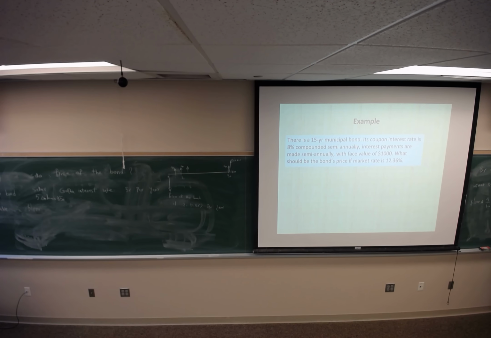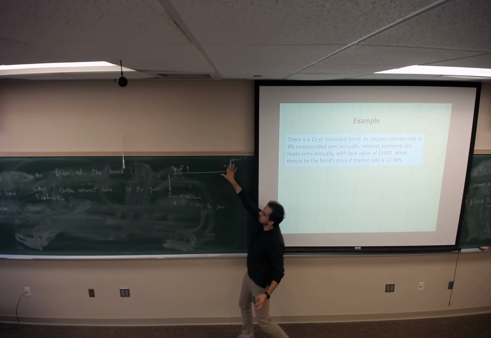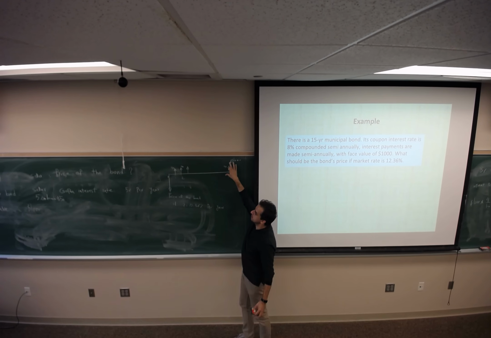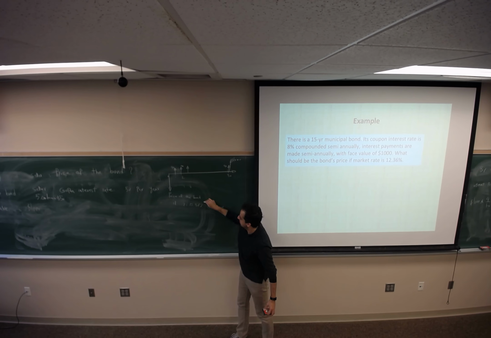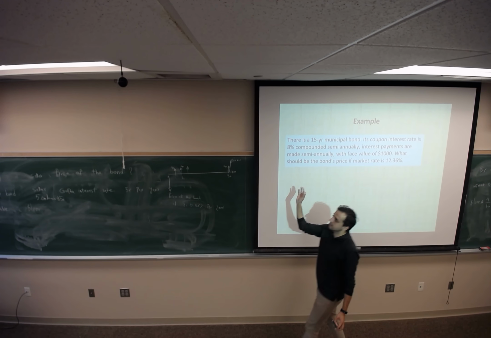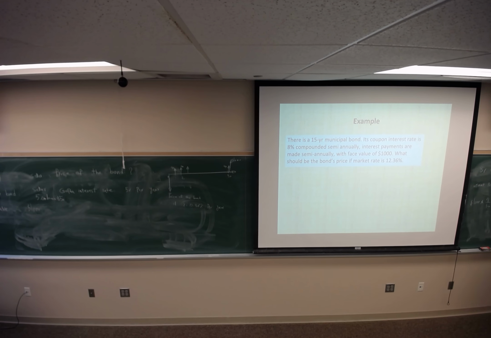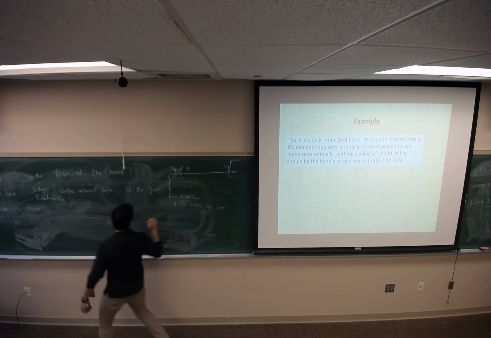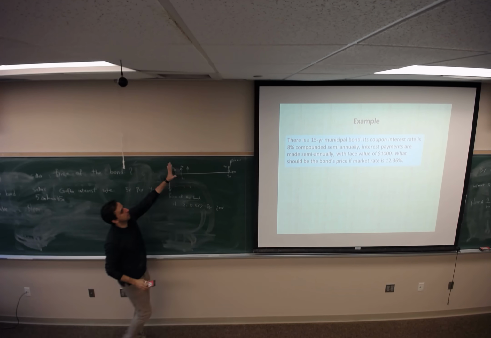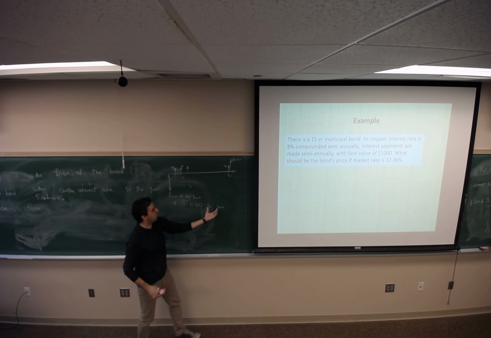So what you need to do, you need to find the present worth of these payments, this receipt of the money, at present time with this interest rate. And say, okay, this amount of the money is gonna be worth this amount, so I'm not gonna pay more than that. So this is how you can find the price of the bond. How much this receipt of the money is gonna be worth at this interest rate.